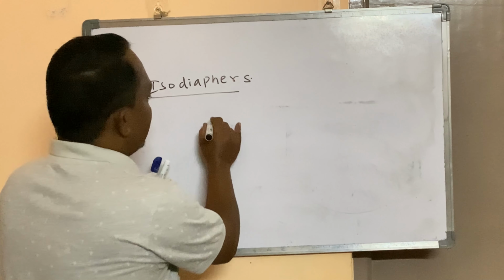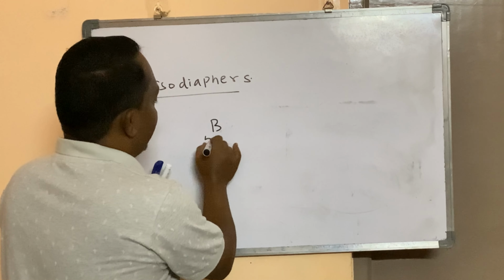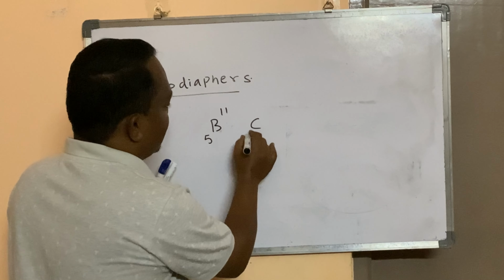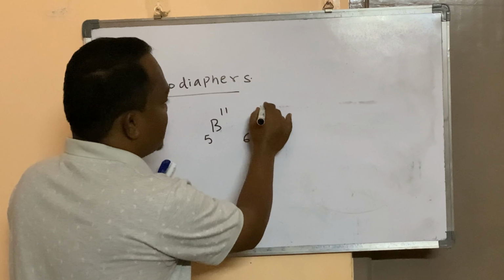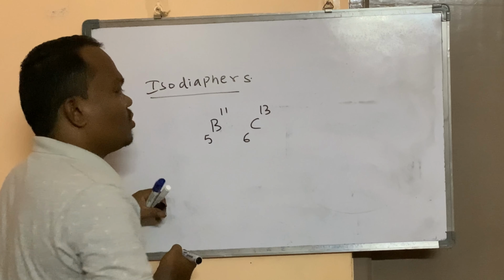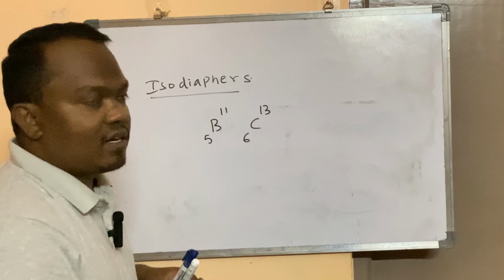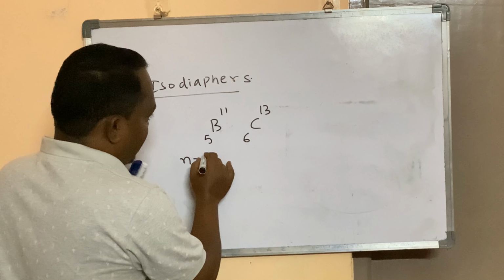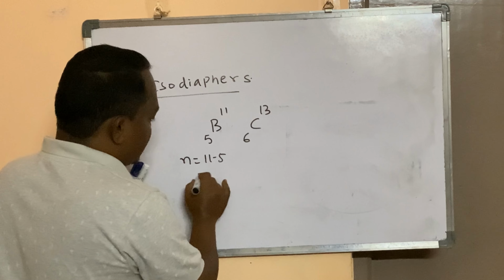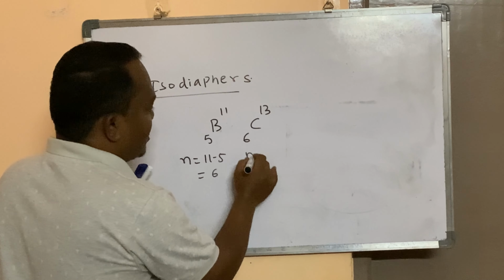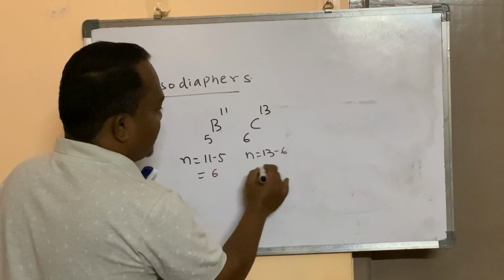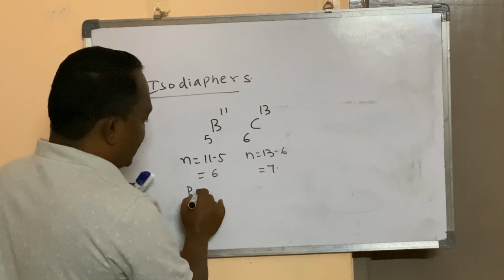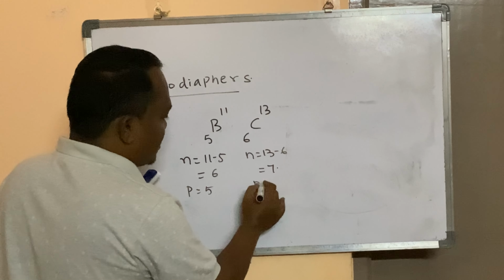I am taking here boron with atomic number 5 and mass number 11, and carbon with atomic number 6, a carbon isotope with mass number 13. When we calculate the number of neutrons, 11 minus 5 gives 6 neutrons, and 13 minus 6 gives 7 neutrons. Protons are 5 for boron and 6 for carbon.